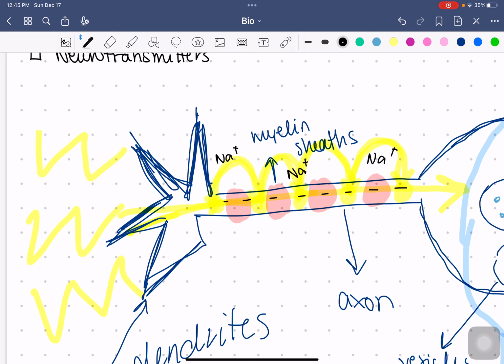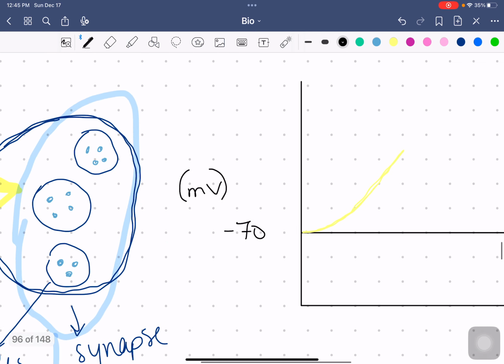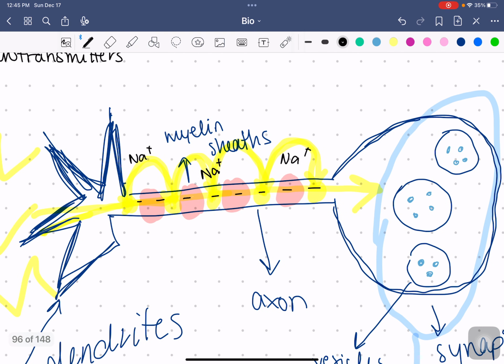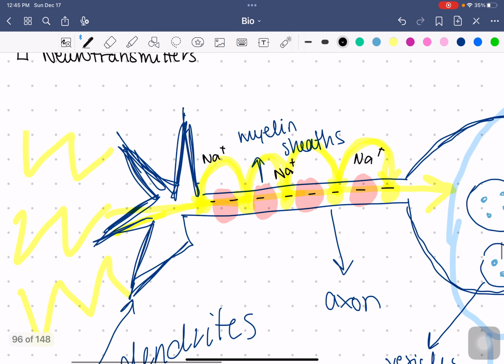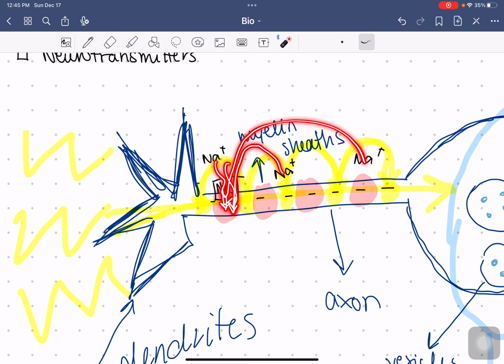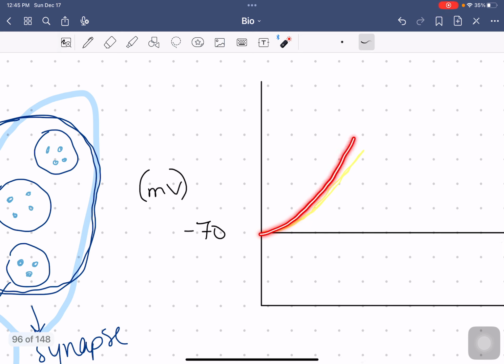So how are we supposed to conduct the impulse if we don't have any charge? The first step in making the inside more positive is that our little Na plus gated channel is going to open. When it opens, all the sodiums are going to come into the neuron, and that is going to give us our positive spike.